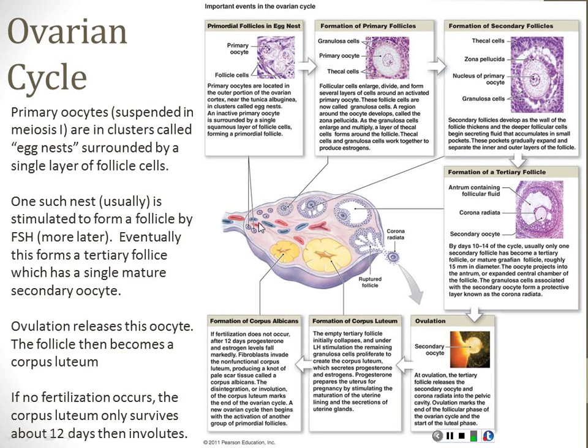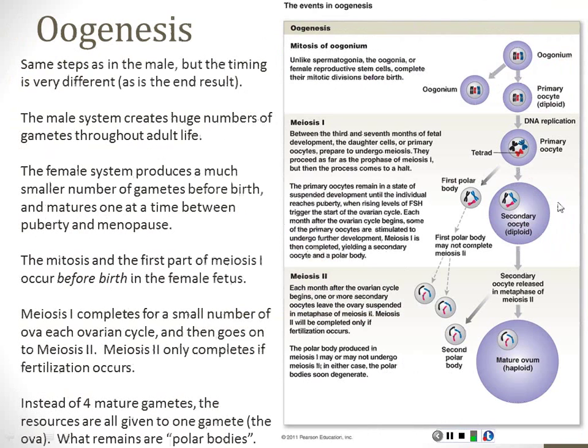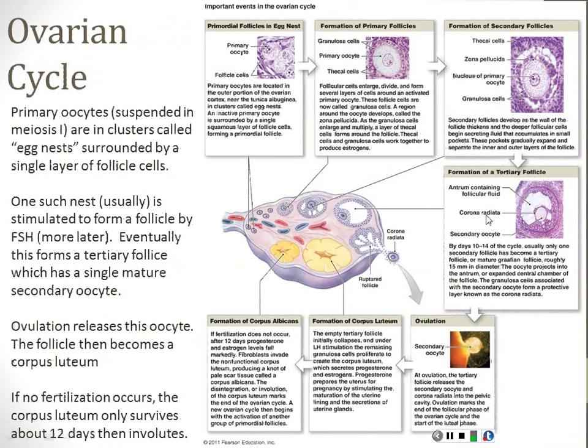We get a couple of egg cells, those secondary oocytes, clustered together in a sort of little nest. And under the influence of follicle-stimulating hormone, 1, sometimes 2, sometimes more than 2, but usually 1 of those primary oocytes, actually they're secondary oocytes by this point, but that's okay, starts to develop into a mature ovum.